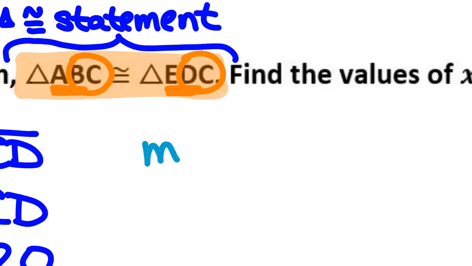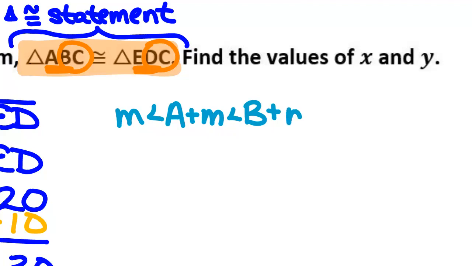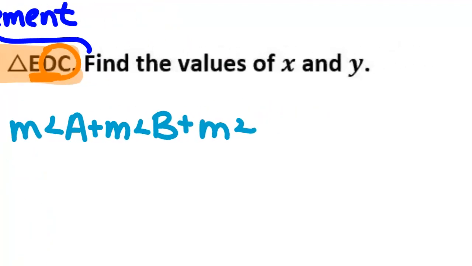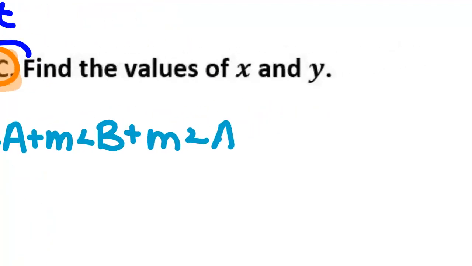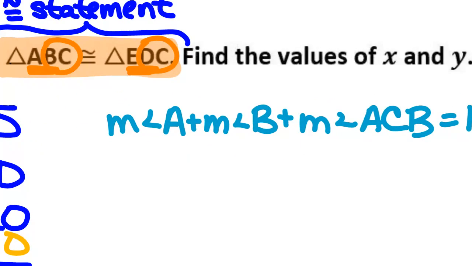Yes, we're going to add them all together and equal them to 180. So the measure of angle A plus the measure of angle B plus the measure of angle... I can't call this one C because that's not clear whether I'm talking about the top or the bottom angle, but I can call it ACB, and that's equal to 180.